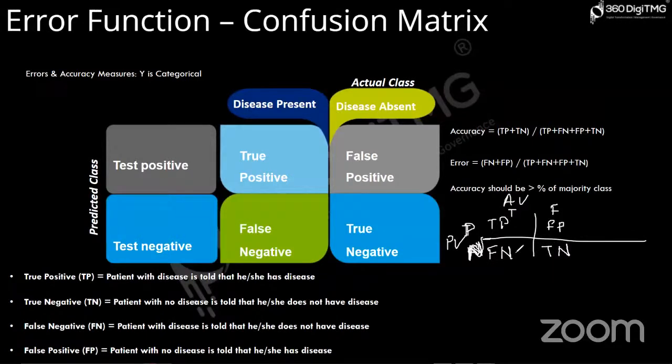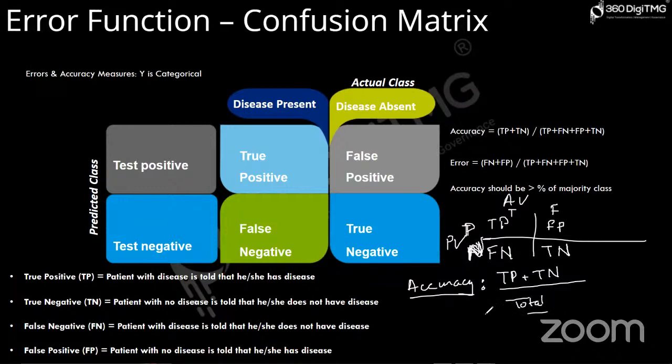Now, from this confusion matrix, we can find many things. First of all, we can calculate the accuracy. Accuracy is all the true values, so true positive plus true negative, divided by all the values: true positive, true negative, false positive, false negative. Let me write it as total.